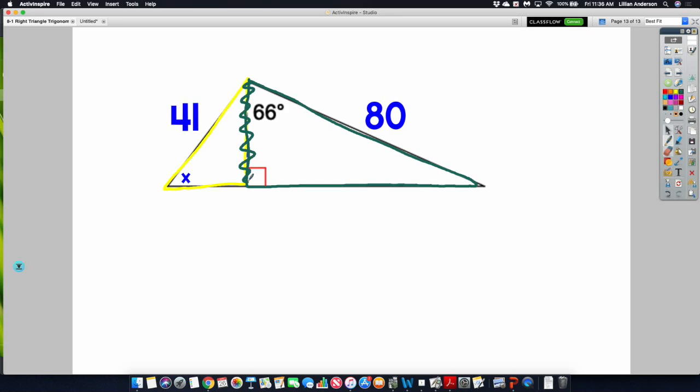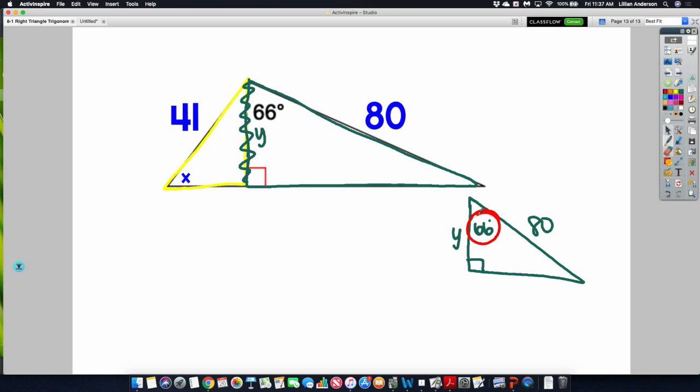I need to find that shared side length and then use that answer to find the value of x. So what I'm going to do is take my green triangle, isolate it, and redraw it, making sure I include my acute angle, my 90-degree angle, and of course the 80. And I'm going to label the shared side y, just to make sure that you guys are able to follow along.